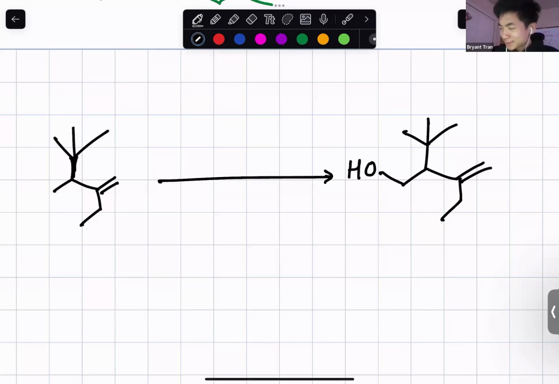Okay, try this synthesis problem out. And then I'll give you guys a few minutes to try that, and then we'll see what you guys think about it.